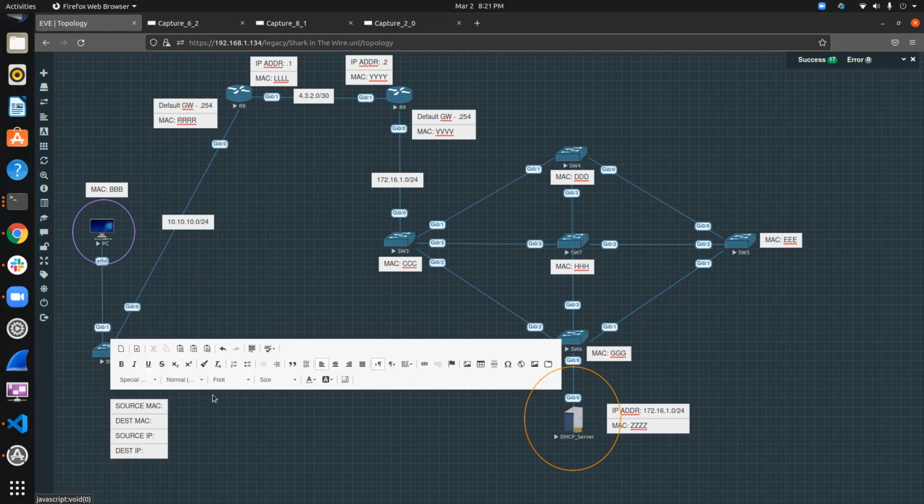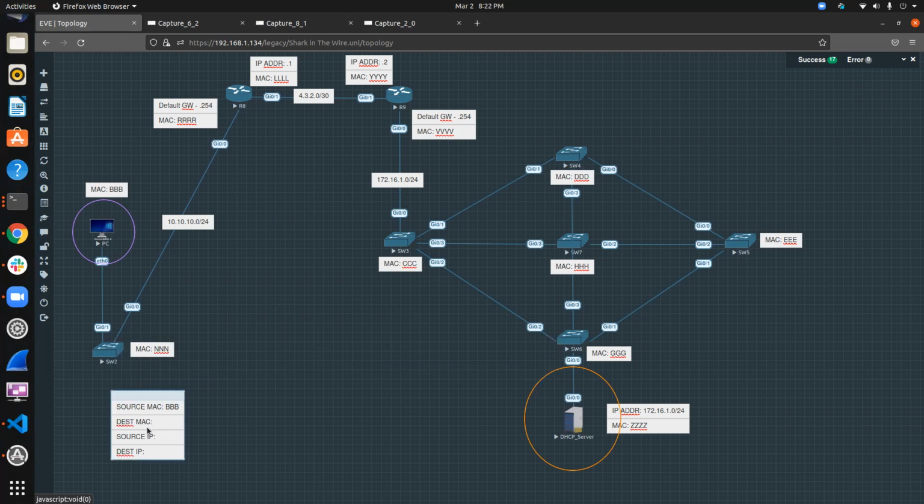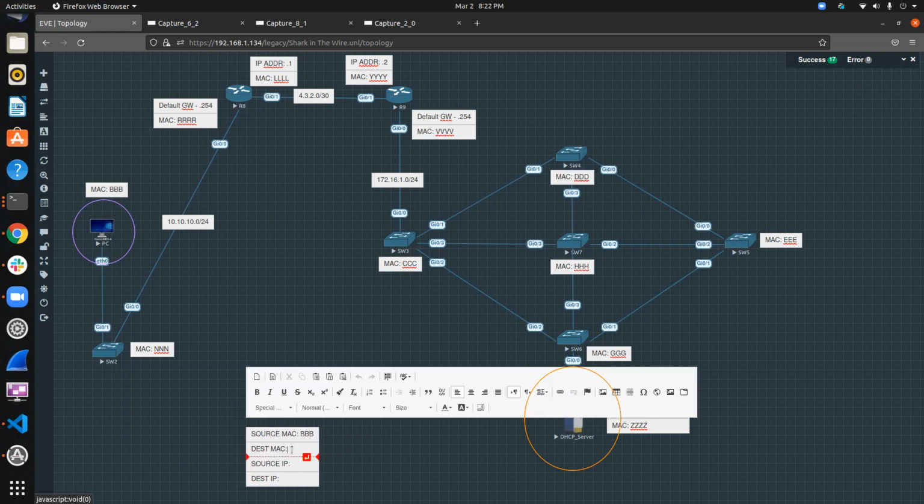Okay. So what's that source MAC address? The source MAC address is BBB. Okay, and the destination? Let's go to the first. Can you move the text tool off of the switch? Sure. Yep, gotcha. Would the destination be NNN?